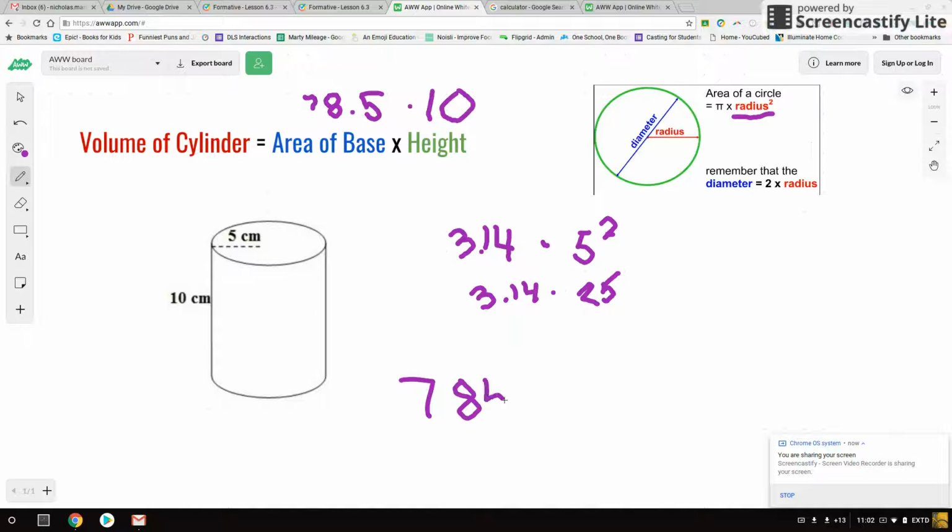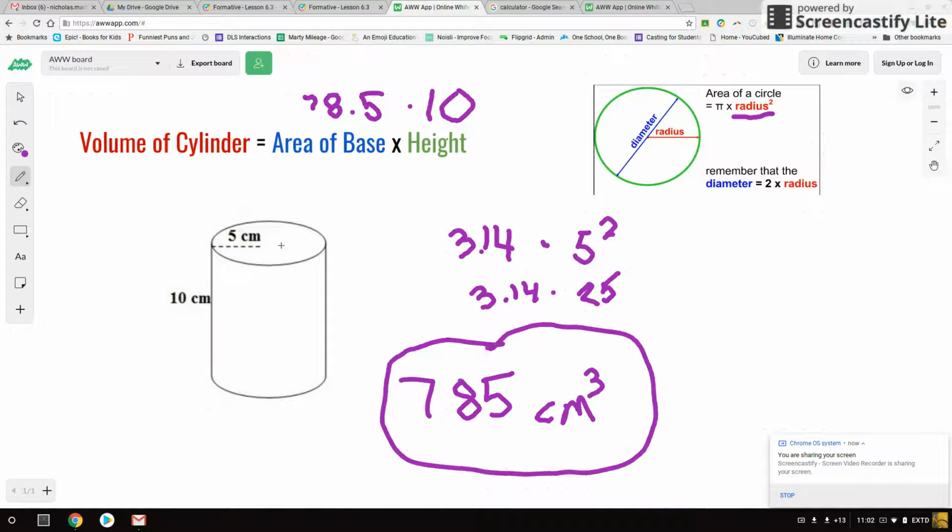We're working in centimeters, and we know it's volume, so it's centimeters cubed. All right, there is our final volume. We took the area of the base, which we used this formula to find. We multiplied it by the height, which was 10, to get us our final answer.